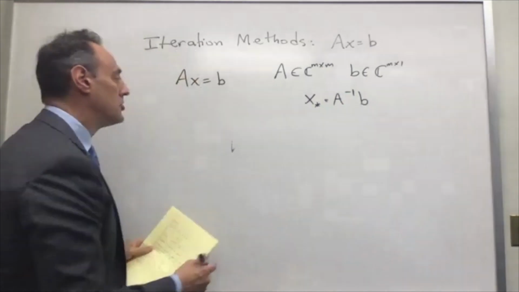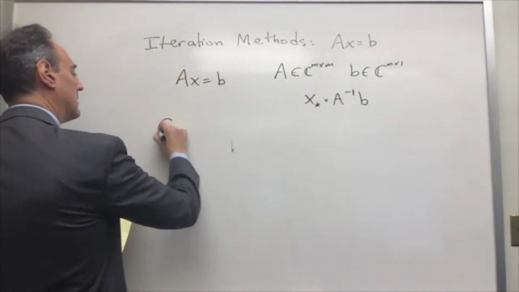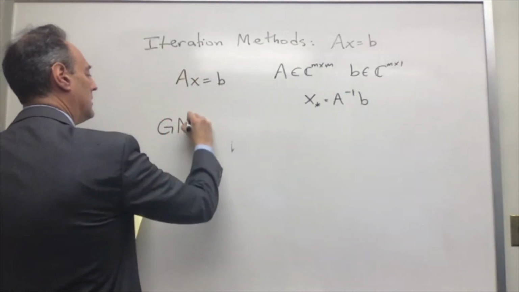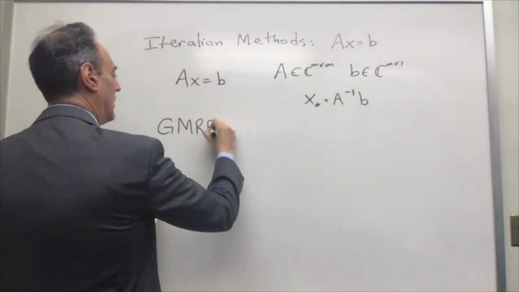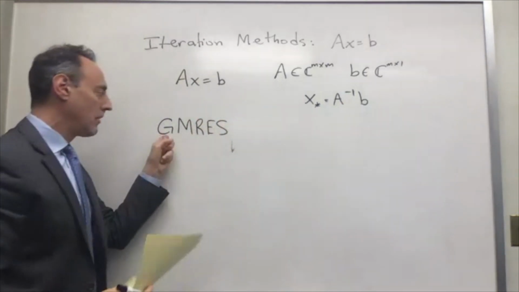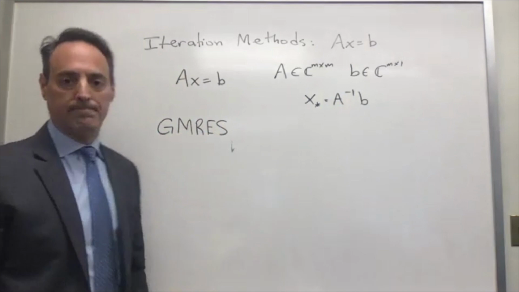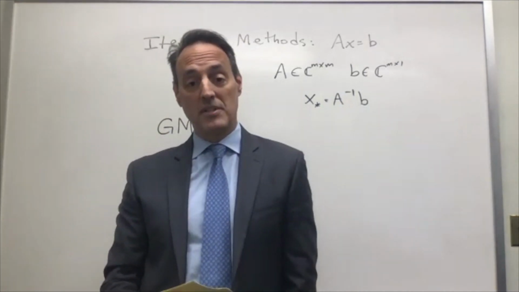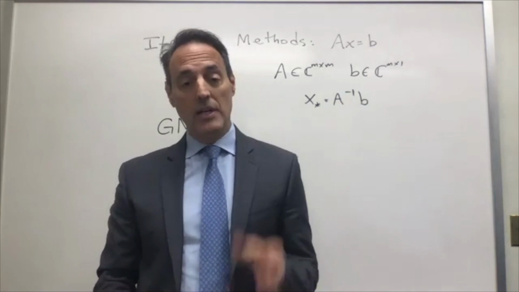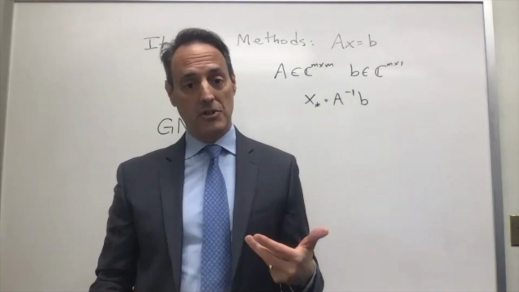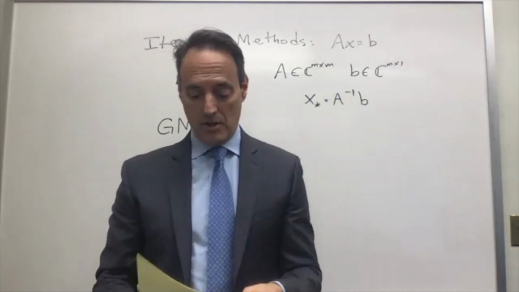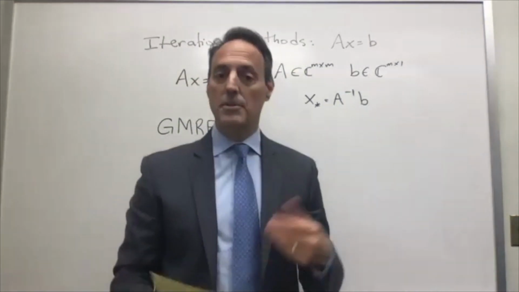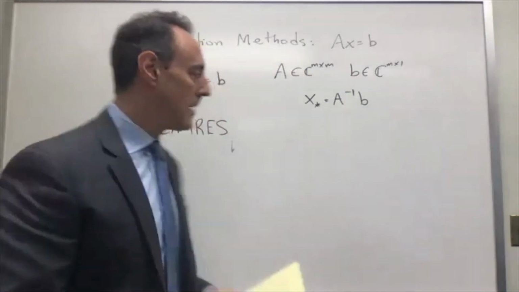Okay, so GMRES, the generalized method of residuals. It's a method that's pretty simple. All we're going to do is start an iterative procedure where at every iteration, we minimize the residual. What do I mean by that?